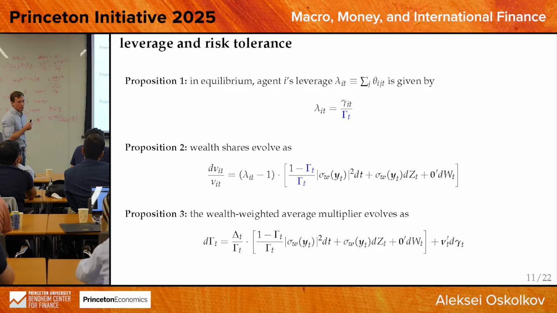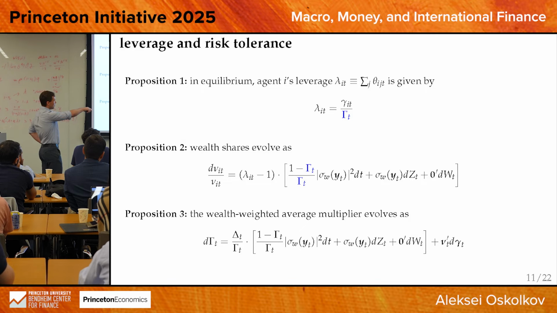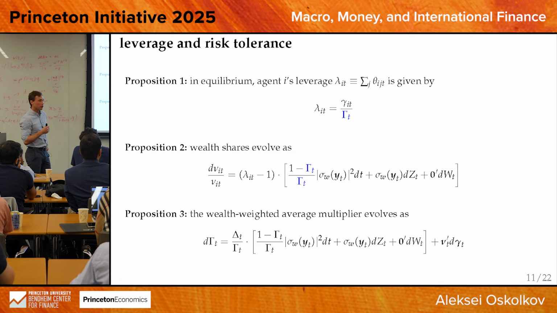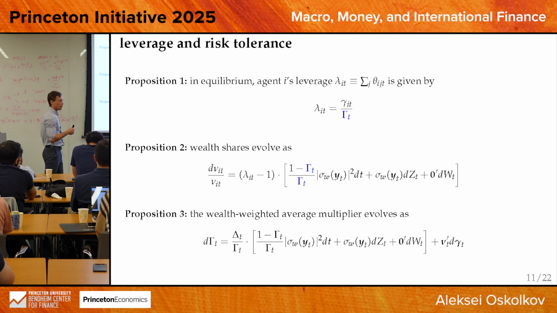Only this thing makes wealth shares evolve differently across people. The other part is the same for people. Basically, your leverage determines your exposure, so how much your wealth share is drifting over time and your exposure to shocks. The second thing to note here is that wealth shares are not actually exposed to shocks to gamma. Shocks to gamma themselves are not redistributing wealth across people.